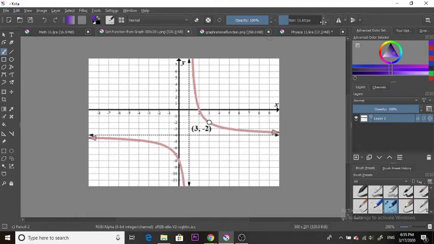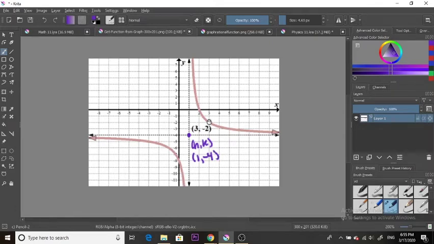Let's just make this a little smaller. There. So we have here our point right here. This is our h and k. So that is a positive 1 for our h and a negative 4 for the k.